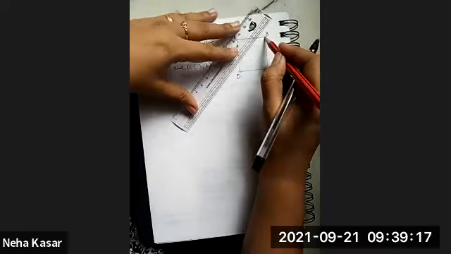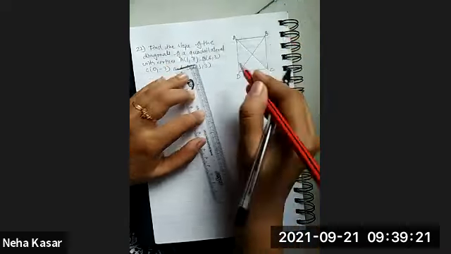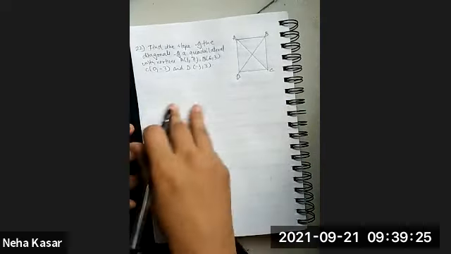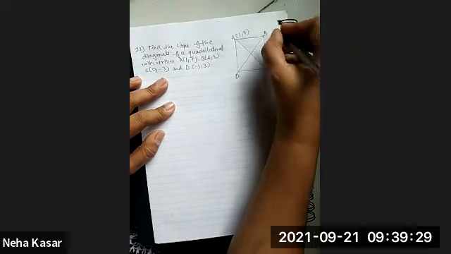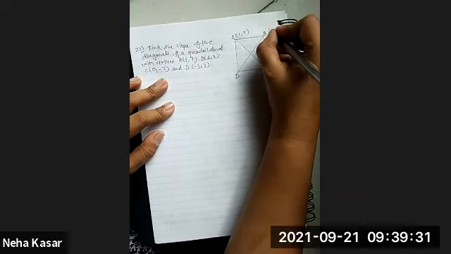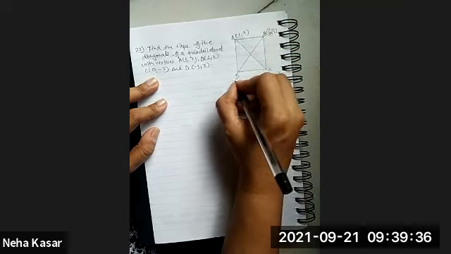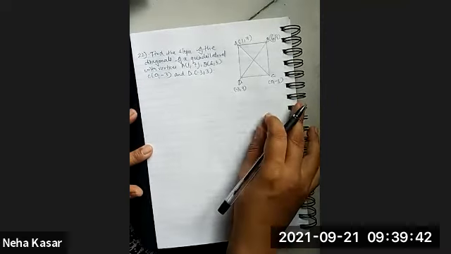Diagonals, you know, are formed by opposite vertices, which are AC and BD. So we have to find the slope of AC and BD. If you want, you can write the coordinates here itself. You have to find the slope of the diagonals.